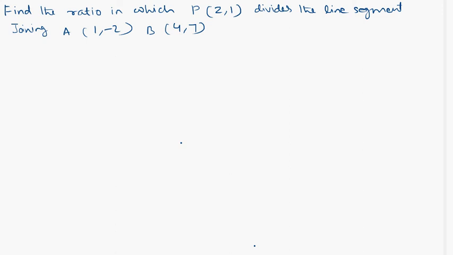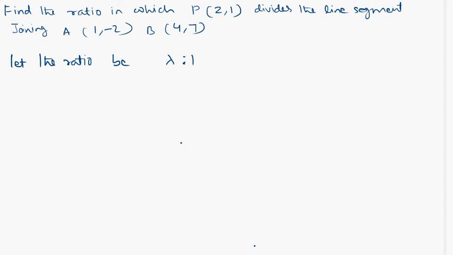Let the ratio be lambda is to 1, because we don't know the ratio, and every ratio can be simplified to lambda is to 1.